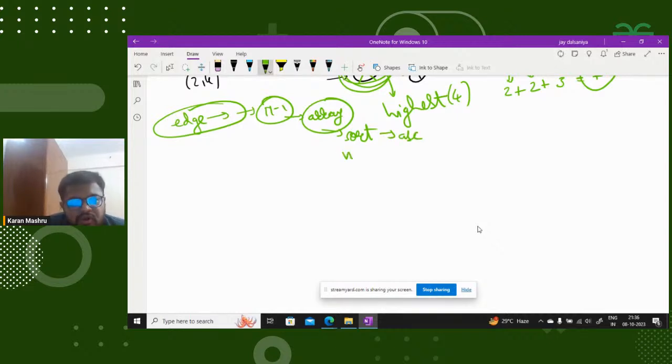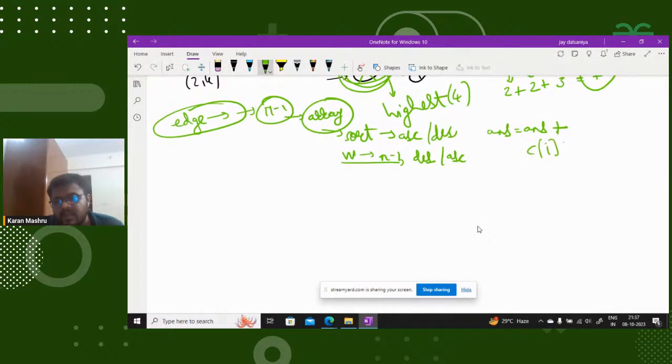I have weights of edges which also have n minus 1 elements, because total there are n elements, but the first element represents the cost of the edge between 0 and its parent, which does not exist. So total there are n minus 1 weights associated with n minus 1 edges. So I can sort this in descending order and this in ascending order, and then I can say my answer equals answer plus count of the ith edge, how many times it is repeating, multiplied by the weight associated with the ith edge.